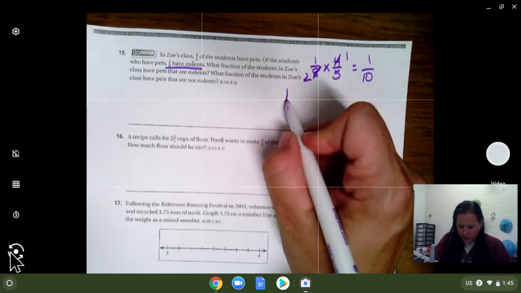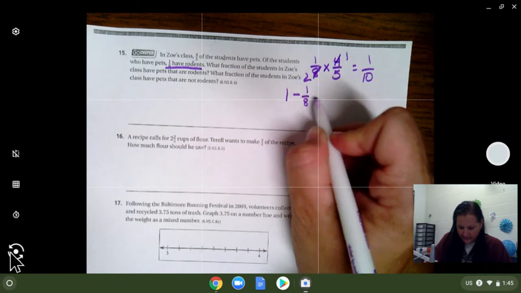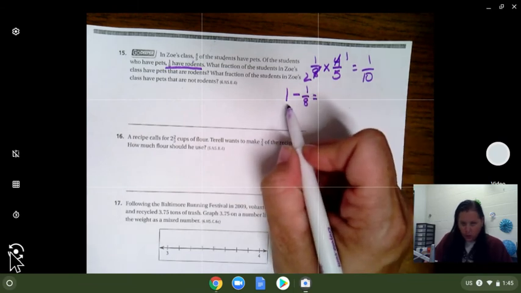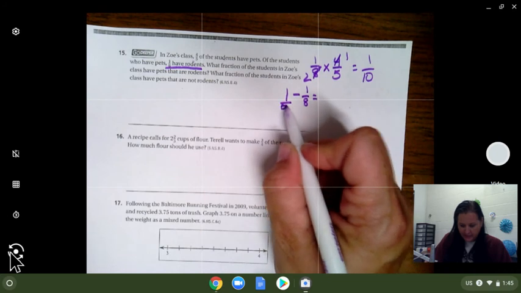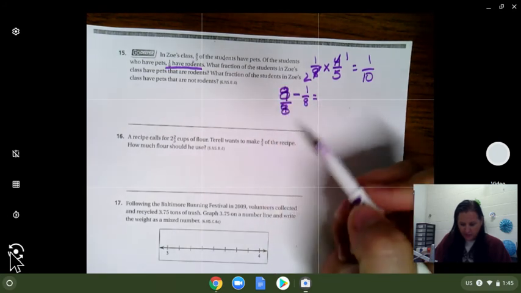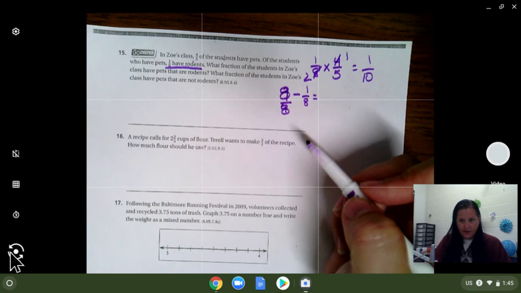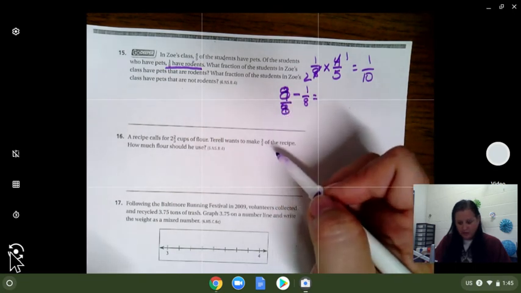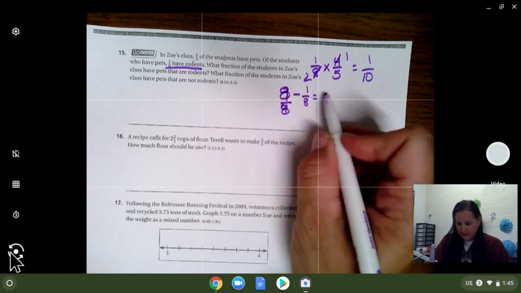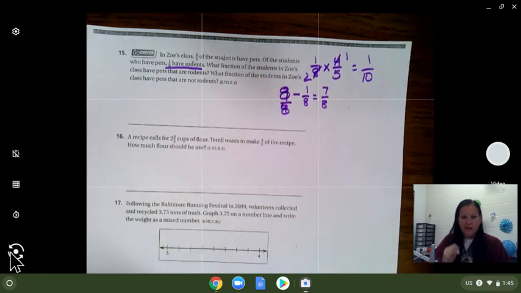So 1 whole minus 1/8, right? 1 whole, so we can do 1/1, and we're subtracting, so we need a common denominator. So you're going to change these both to 8s, right? Because you multiply the top and bottom by the same thing. 8/8 is the same as 1 whole. You just cut it into more pieces. This would give us 7/8 of the kids do not have rodents.